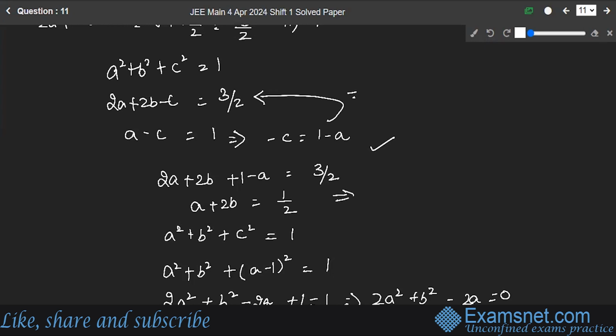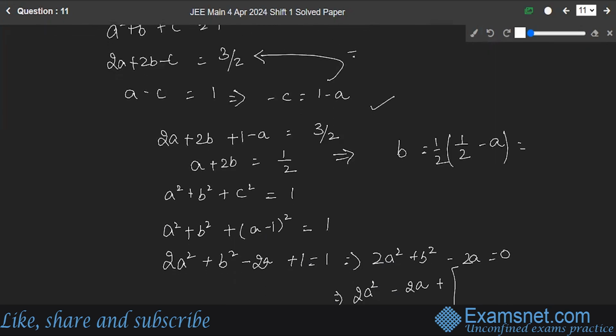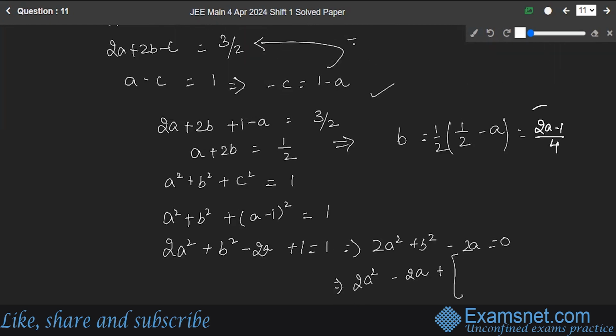Yeah, from here you get the value of B as 1 by 2 minus A, over 2, so B square is equal to 1 by 4 into 1 minus 2A whole square, right? Yeah. So let's fill in this value of B over here.